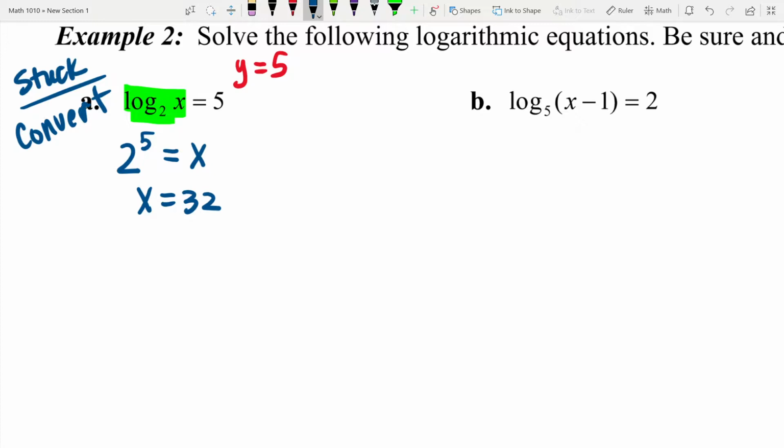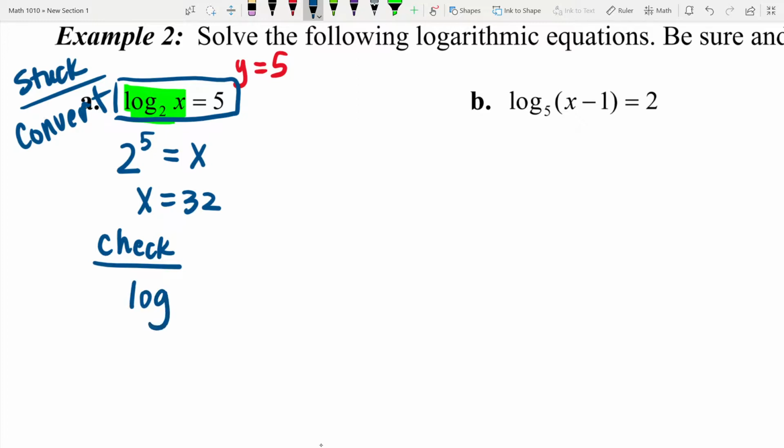Okay? Now, everybody listen to this. If the problem is given in log, if the original problem has the word log in it, then you must check. So I want you to write the word check. Okay, and now you're going to go to the original problem. You always go to the original and put a 32 in for x.